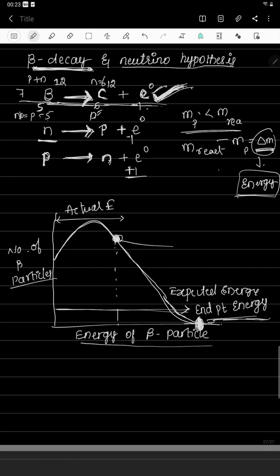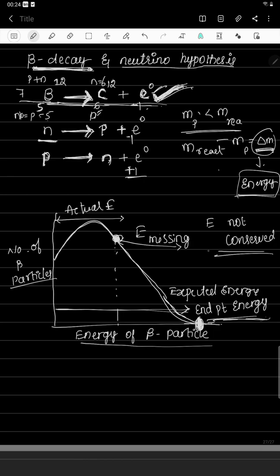So from here to here, this energy is missing according to the reaction we have written. What we can conclude is that energy is not conserved from the above reaction.